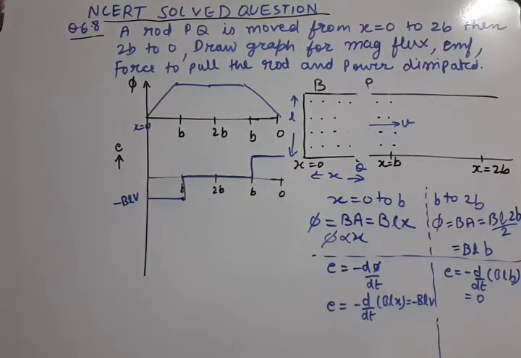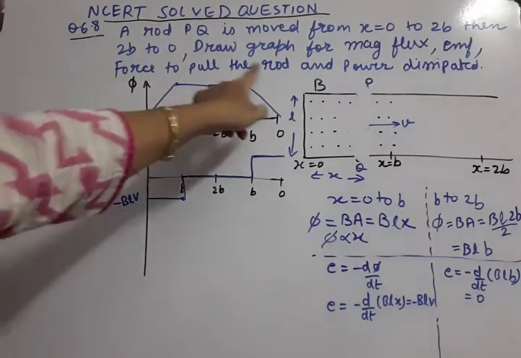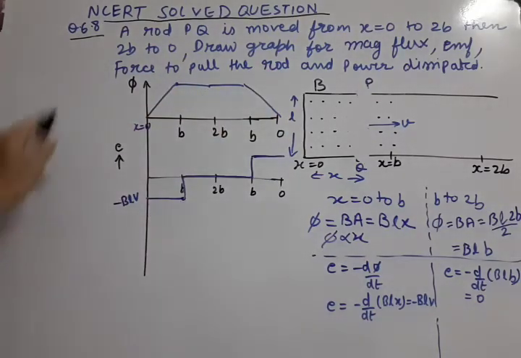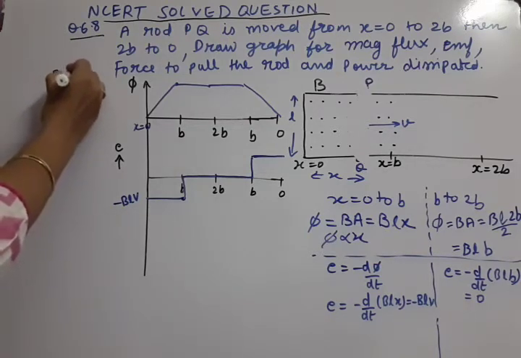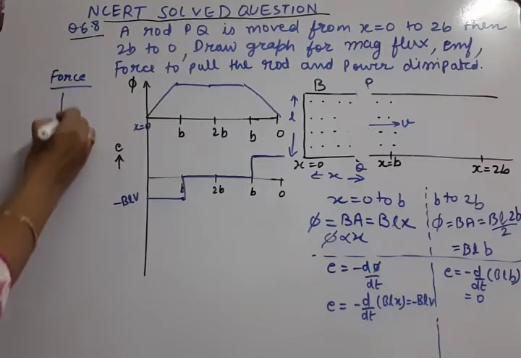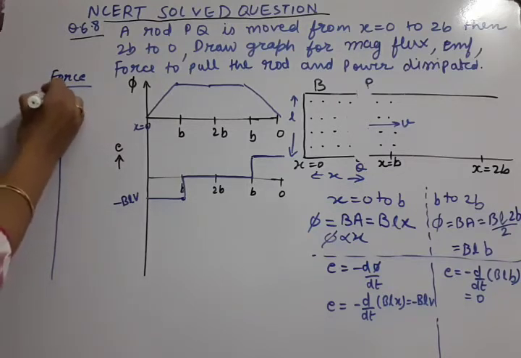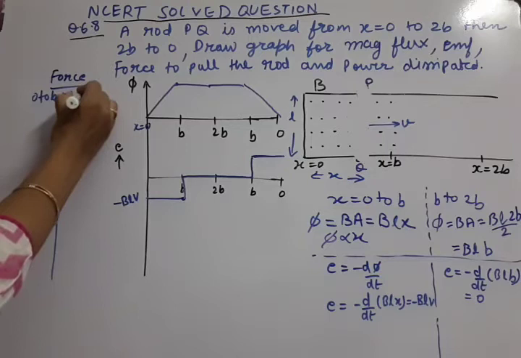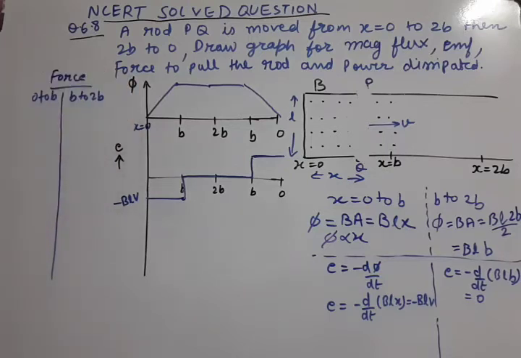Now let us calculate the third part, the force to pull the rod. Let us calculate the force for the two portions, 0 to B movement and B to 2B movement. How do we calculate the force? The force formula is ILB, where I is voltage upon resistance.